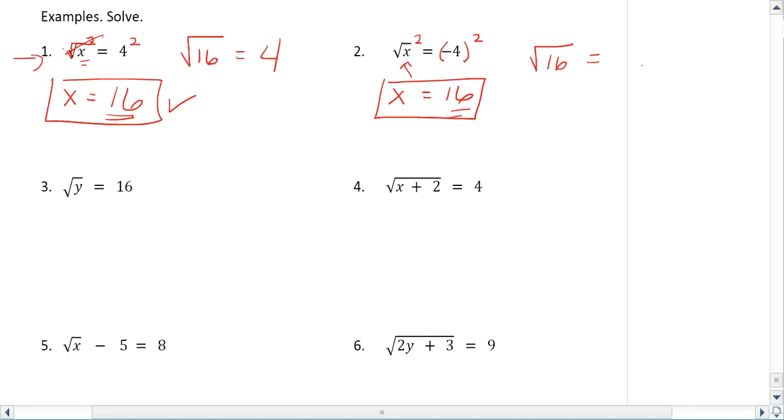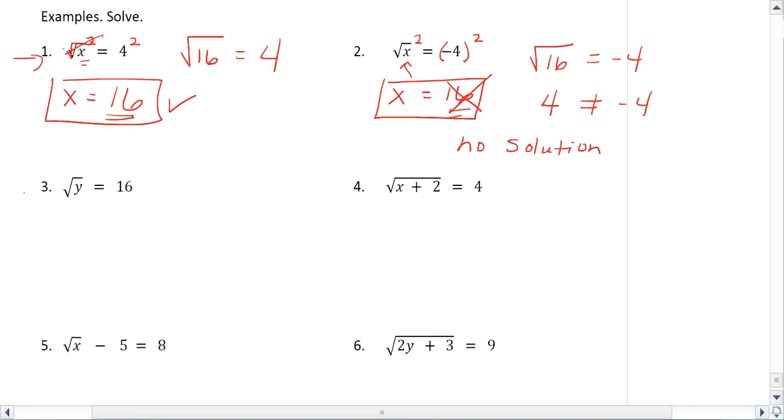Does that equal 4? Or, I'm sorry, negative 4? And no, it doesn't. The square root of 16 is 4, and that's not equal to negative 4. So this answer, even though we did the math correctly, it doesn't pan out. This is no solution. And that's going to happen sometimes. And that's why we check our answers.